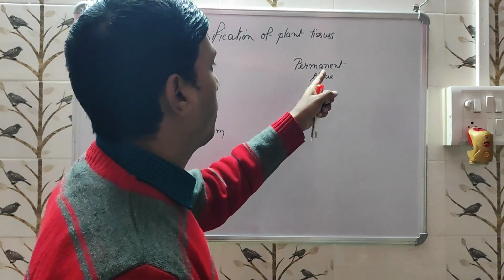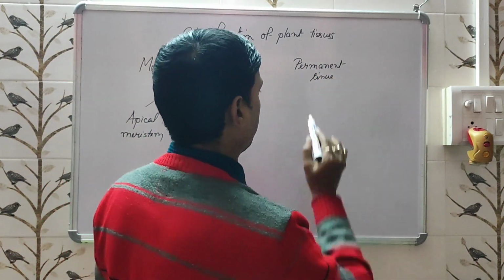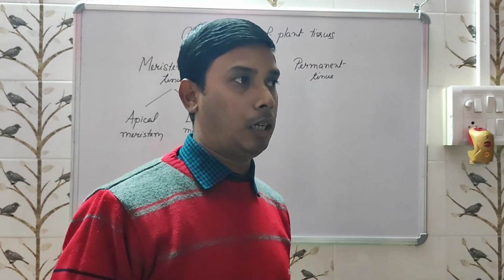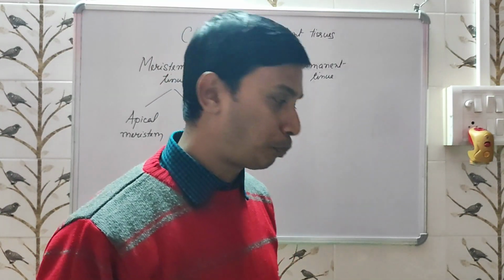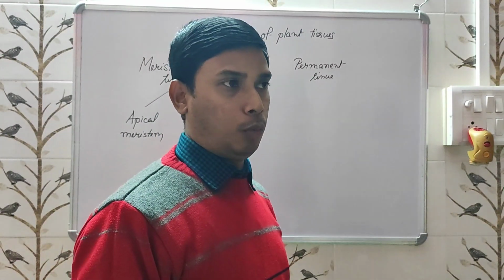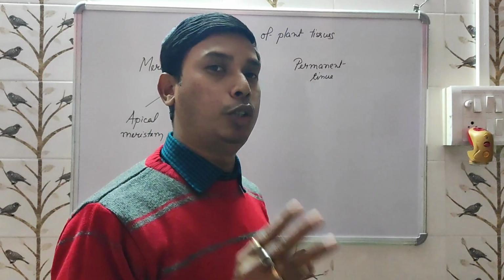Now if we come to the permanent tissue, why is it called permanent? It is called permanent tissue because it gains a permanent shape and thus it can perform a permanent function. So on the basis of function, we can divide the permanent tissues into three main categories.